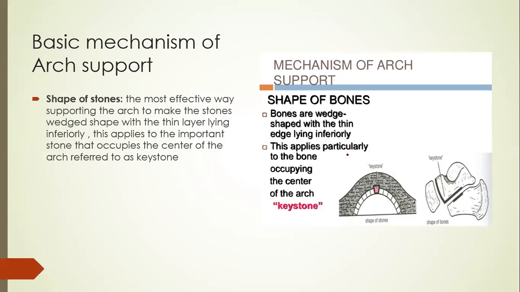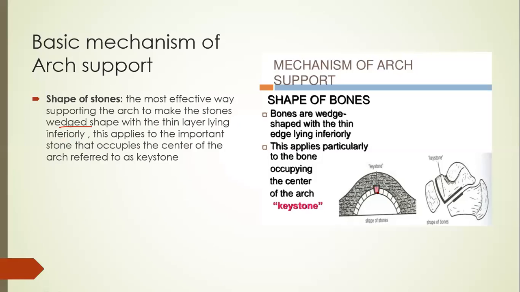Now, what is the basic mechanism of an arch, or you can say the architecture of an arch? First of all, the shape of the stones. If one is making an arch or a bridge, the first and foremost thing is to make the shape of the stones. The most effective way of supporting the arch is to make the stones wedged, like in a triangular shape, like this one, with the thin layer lying inferiorly.